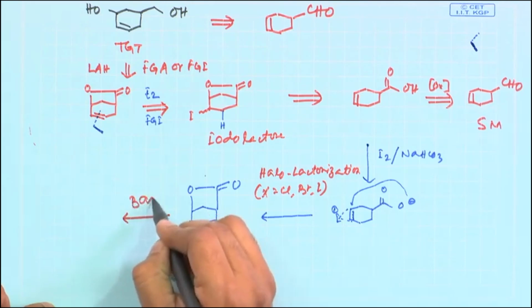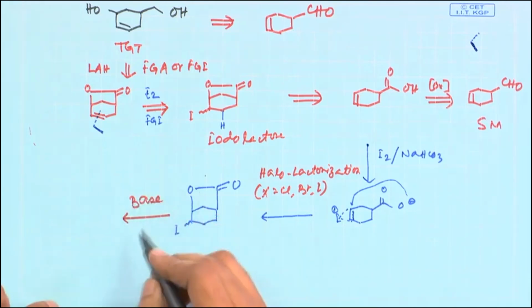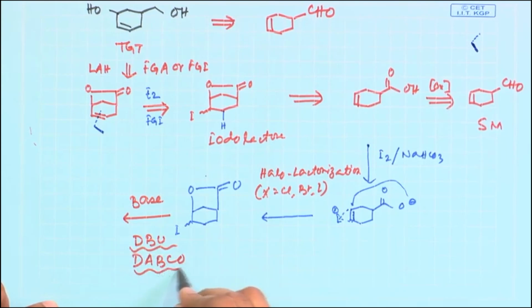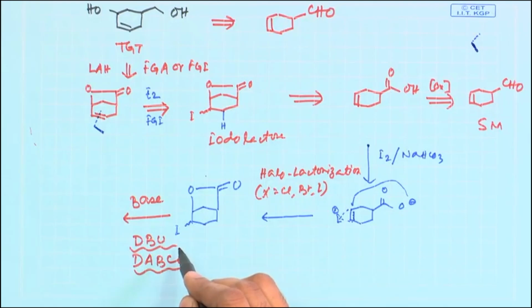The base, basically you can use any non-nucleophilic base. The preferred bases are DBU or DABCO, which are sterically bulky non-nucleophilic bases. I am just telling you the names DBU and DABCO, try to get their correct structures from many sources. DBU stands for diazabicycloundecene, DABCO is diazabicyclooctane.